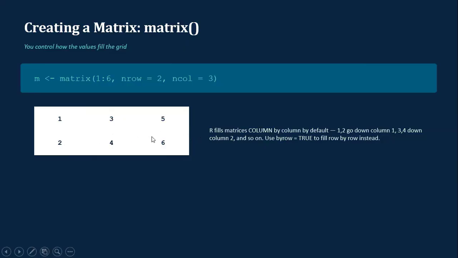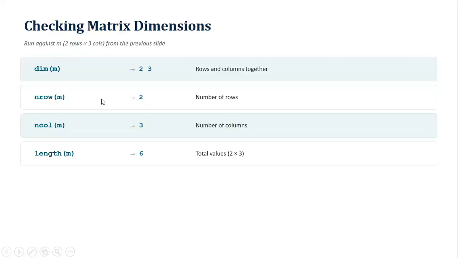If you want row by row filling instead, then in this syntax, add after 3, comma, byrow equal to TRUE, close bracket, and it will give you row by row arrangement. A few functions to inspect what you have built, and let's see exactly what they return.